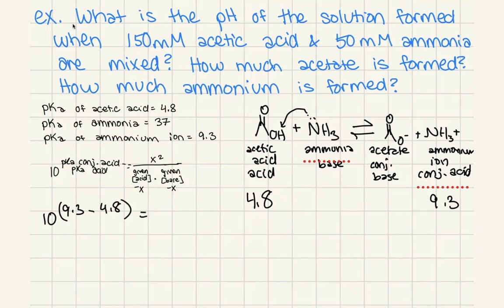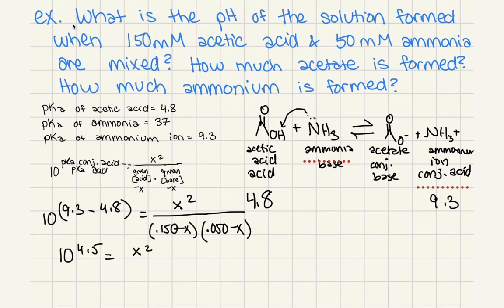And that's going to be equal to x squared divided by our given acid minus x, so that would be our 0.150 minus x, times our given base minus x, so that would be our 0.050 minus x. Simplifies down to 10 to the 4.5 equals x squared over 0.150 minus x times 0.050 minus x.